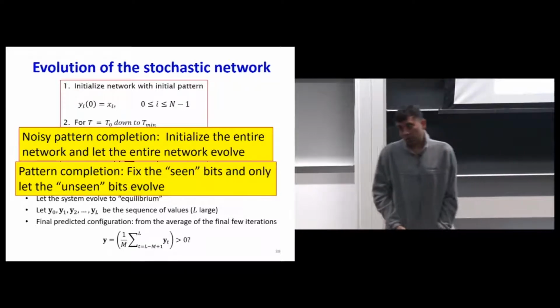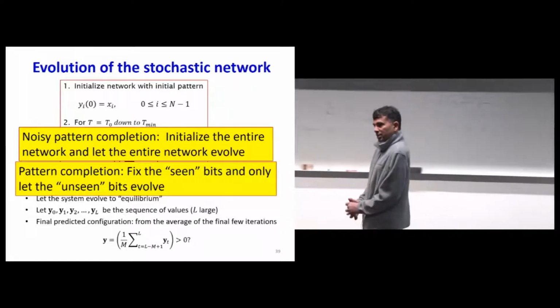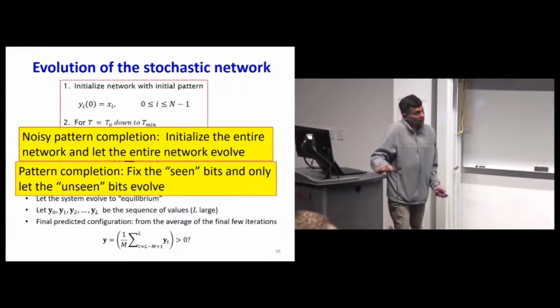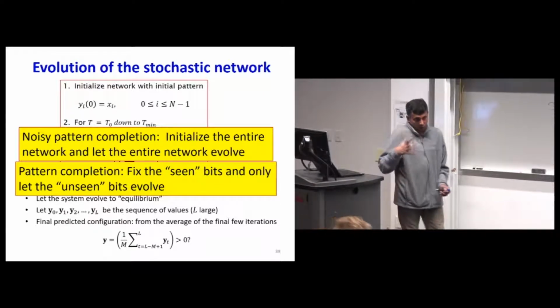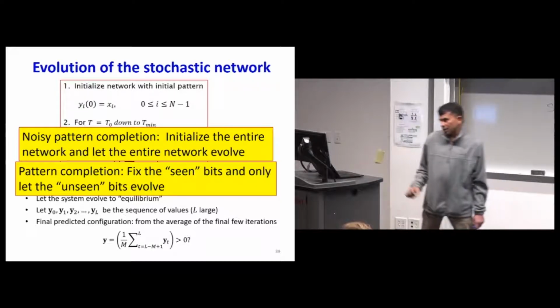So it's a maximum a posteriori estimator, or if you're averaging, it ends up being a minimum mean squared error estimator, right? You're using the probabilistic interpretation of the same network to get a statistical estimate.